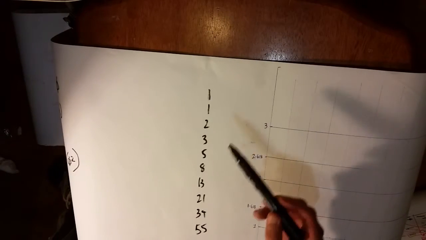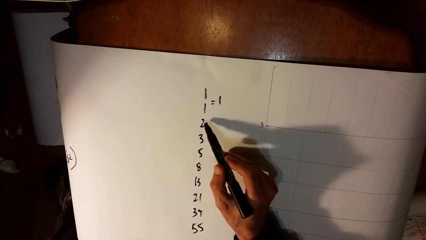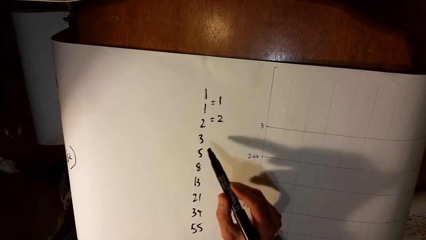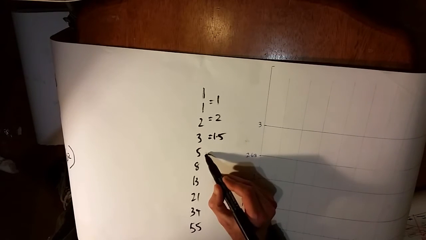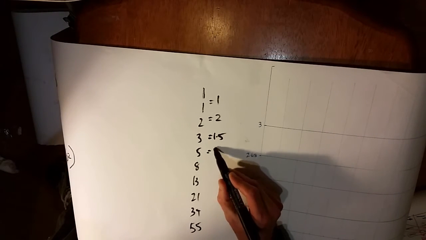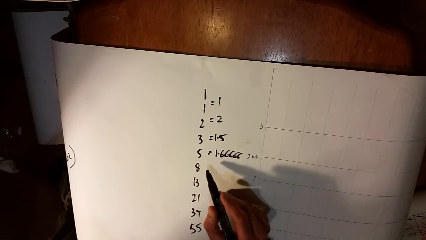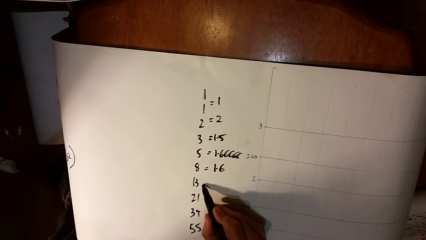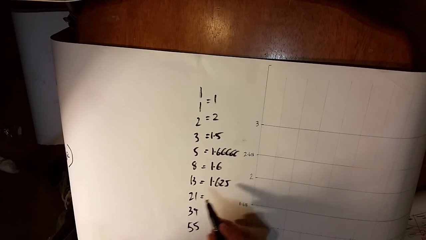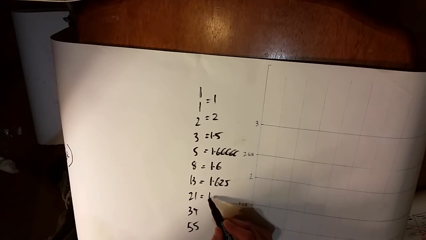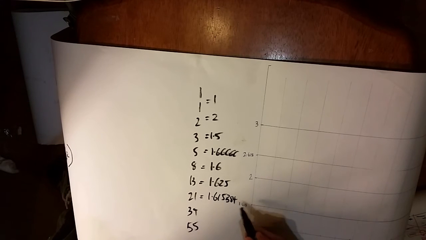Now if you divide these, 1 divided by 1 equals 1, 2 divided by 1 equals 2, 3 divided by 2 equals 1.5, 5 divided by 3 is 1.66666, 8 divided by 5 equals 1.6, 13 divided by 8 equals 1.625, 21 divided by 13 is 1.615.